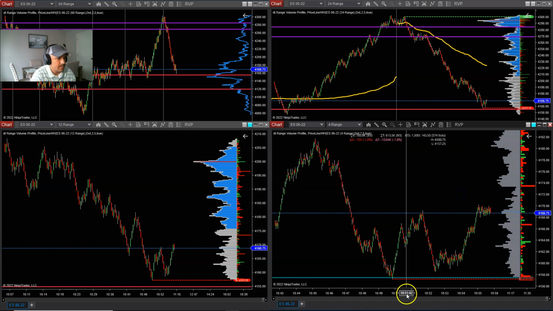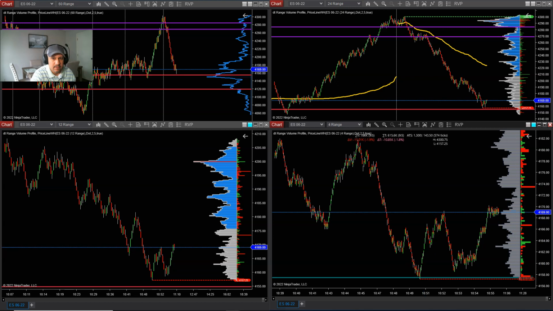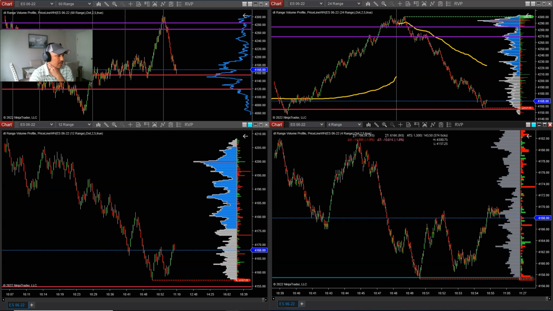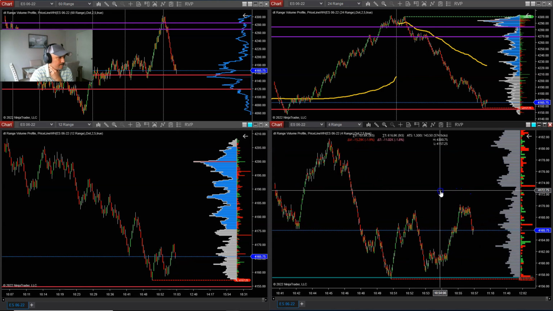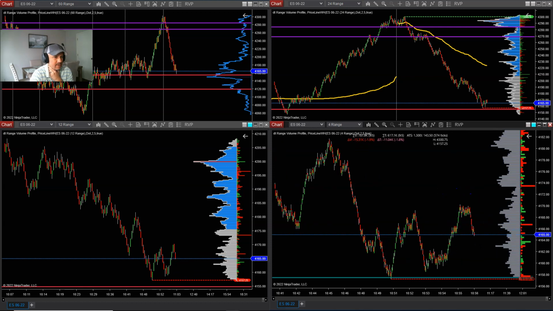It's moving pretty quick. Let's see. It's probably going to come back down. It keeps rejecting this area, guys.